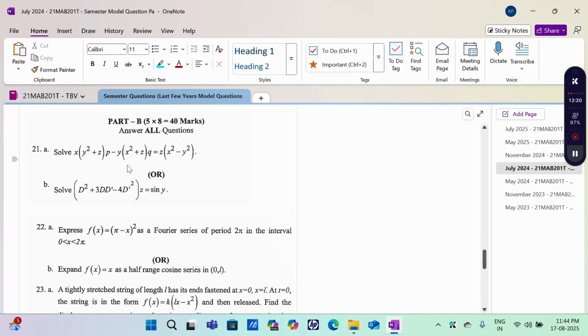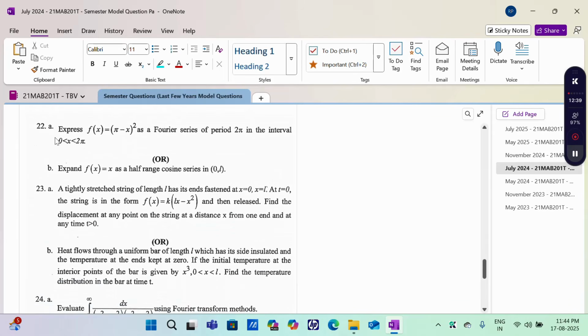And in Part B, 21a is a Lagrange's method problem, or it's a sin y, so maybe type 2, sin of ax plus by, second order or higher order homogeneous partial differential equation, homogeneous linear partial differential equation. 22a, the range 0 to 2 pi, find the Fourier series, function is given, or half range cosine series, range is 0 to L, when a function of x is given.